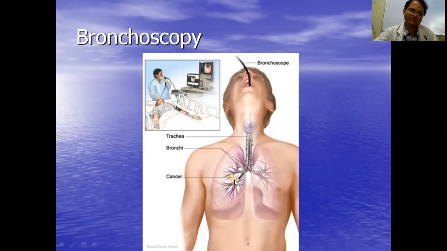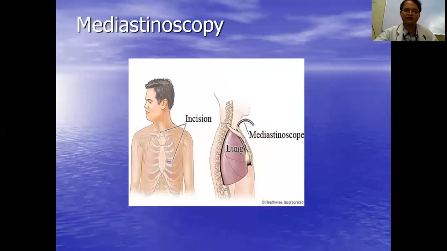So from this site, the biopsy will be taken to get the diagnosis. In this case, mediastinoscopy is being done. An incision is given in the neck, and the mediastinoscope is passed into the mediastinum, and the biopsy will be taken from the suspected lymph node.